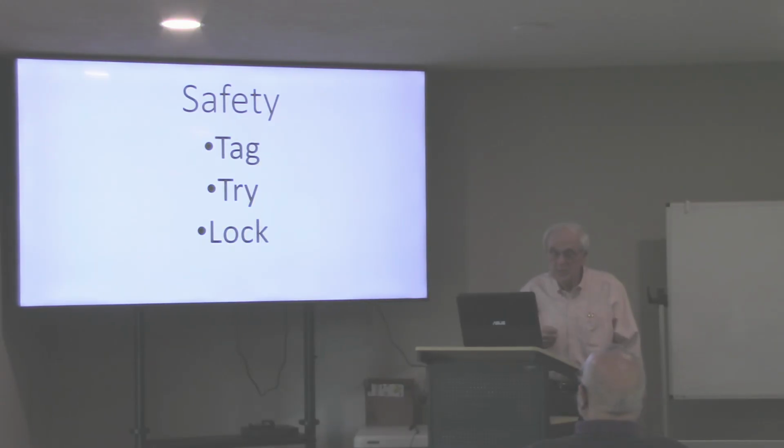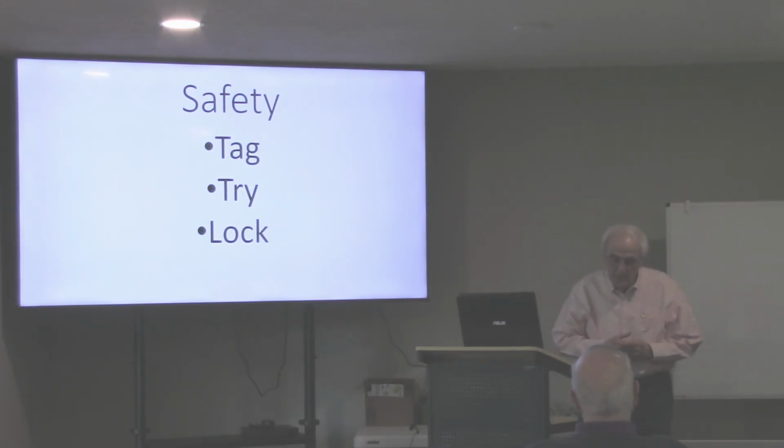I want to spend just a second on safety. I've been through 2 fatalities. When you hear people being crushed in a ditch, we know how to keep that from happening. And there's a process called lock, tag, and try. You lock out a piece of equipment that has energy, mechanical or electrical.